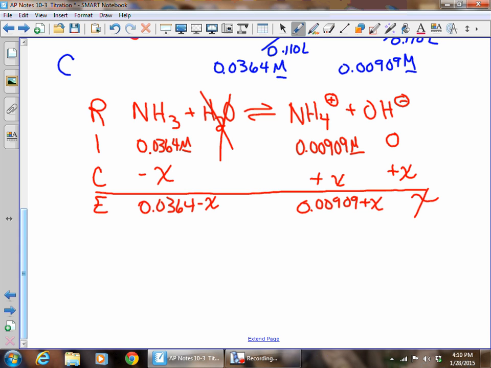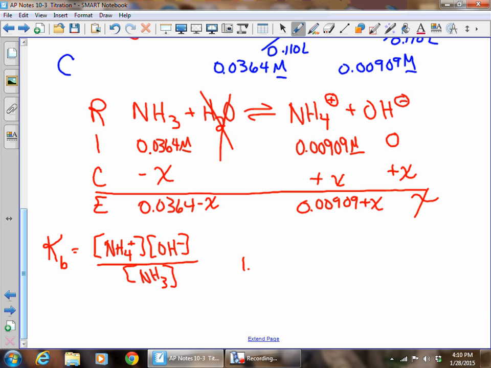So now we can set up our equilibrium expression. We know that Kb for NH3 is going to be NH4 plus times our OH minus over our NH3. Kb, it told us above, was 1.8 times 10 to the minus fifth.